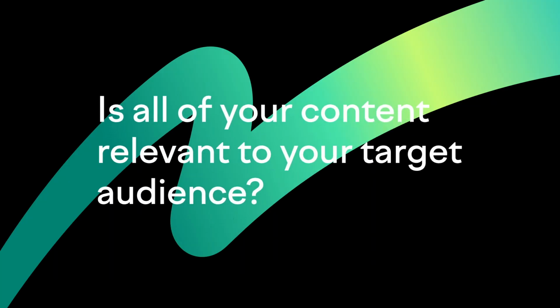And at the time that Panda went live, so to speak, it was said to affect 12% of the entire internet. So with that in mind, the first initial advice is to look across your site and to basically determine, is all of the content relevant to your actual target audience?